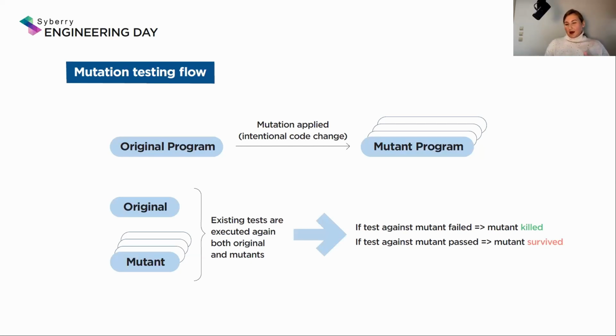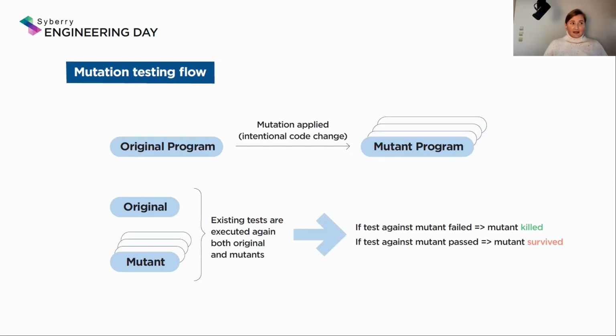If our tests pass on the original program which is supposed to be tested, then if we intentionally put some bugs into the code, we expect our tests to fail, right? And this is actually the concept of mutation testing.